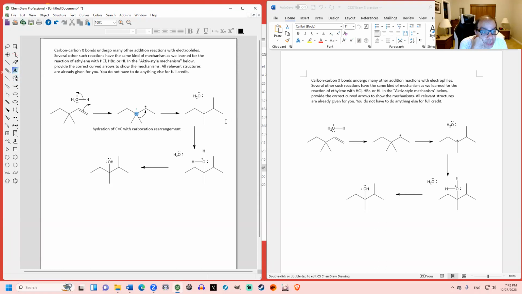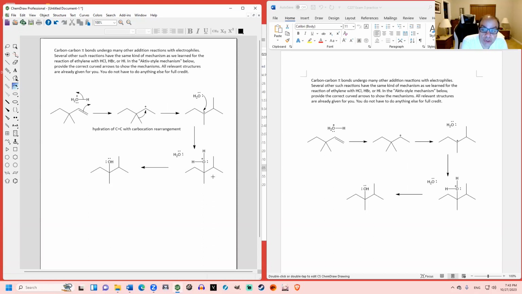Then, when we look at the change that's taken place, it looks like the oxygen of water has gotten attached to the carbon where the carbocation is. So that means water is going to act as our nucleophile and attack the carbocation. This is what we said today in class. Water acts as a nucleophile and attacks the carbocation. And you get this intermediate with the plus charge on oxygen.